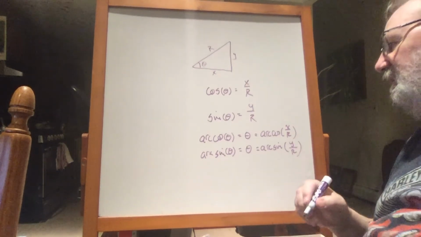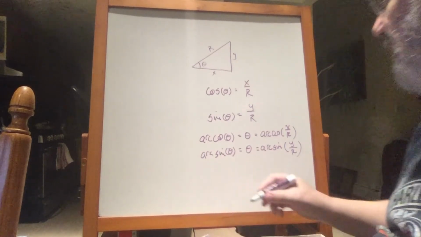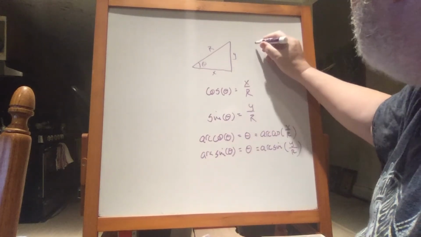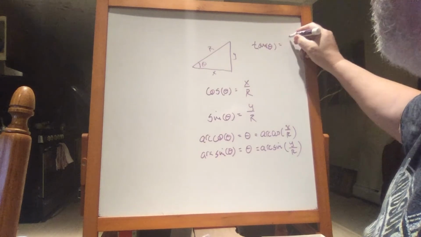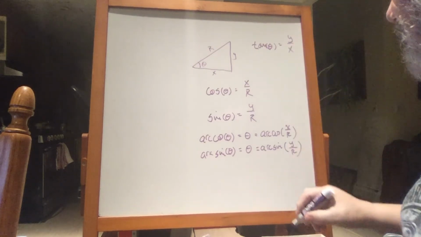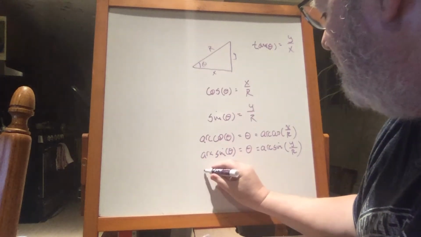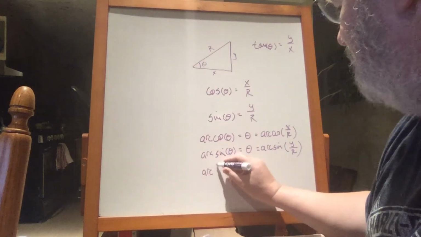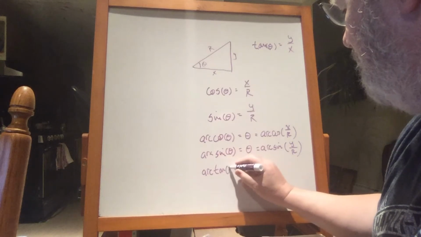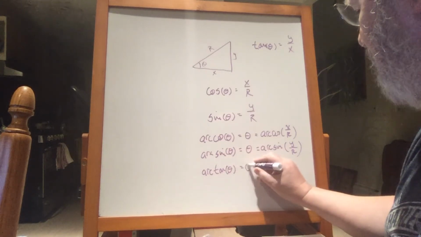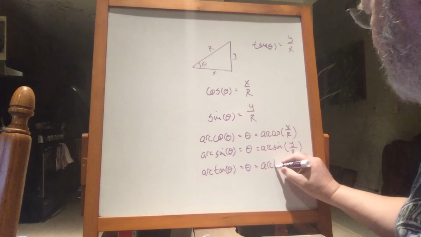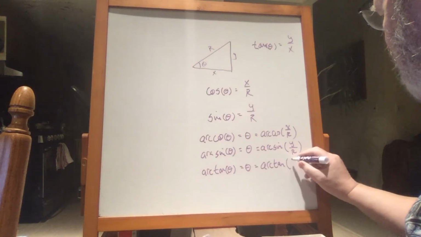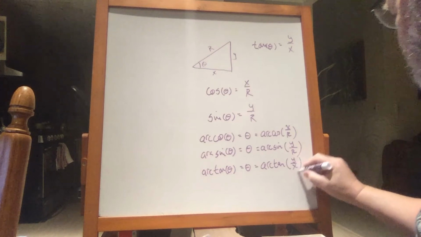And the same with the tangent. Tangent theta is equal to y over x. And so the arc tangent of y over x equals theta.